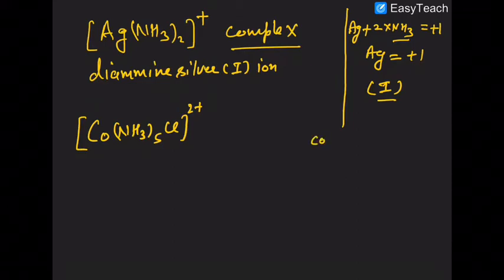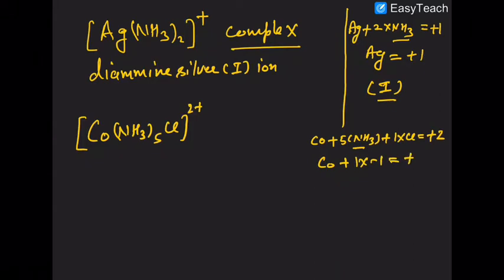There are 5 ammonia, and ammonia is a neutral ligand. 1 chlorine is there, and overall charge of the complex is +2. So ammonia is 0, chlorine is -1, overall is +2. So it becomes 2 plus 1, that is 3. So in Roman numeral it should be 3.